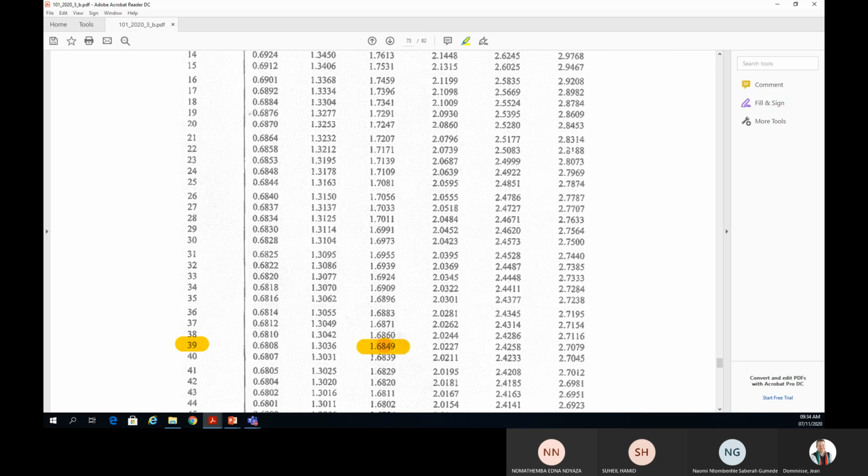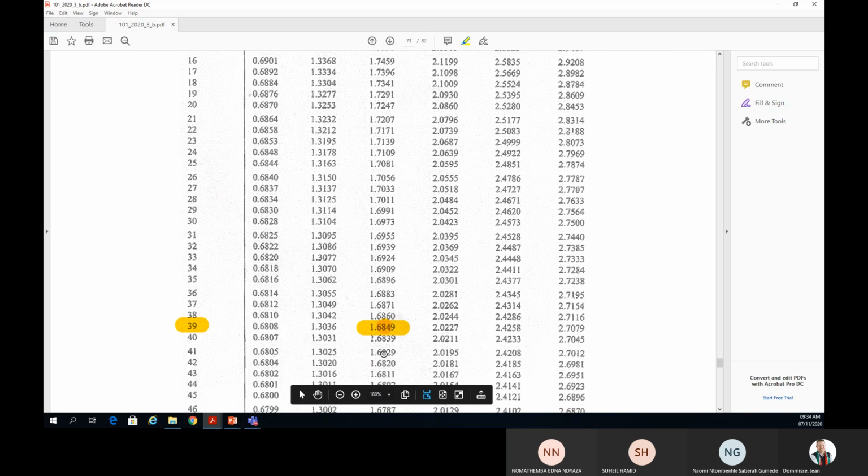In that example question, everything is according to what they've done, but they get for the degrees of freedom also 39, but they get 1.683. So they used 41 instead of 39.